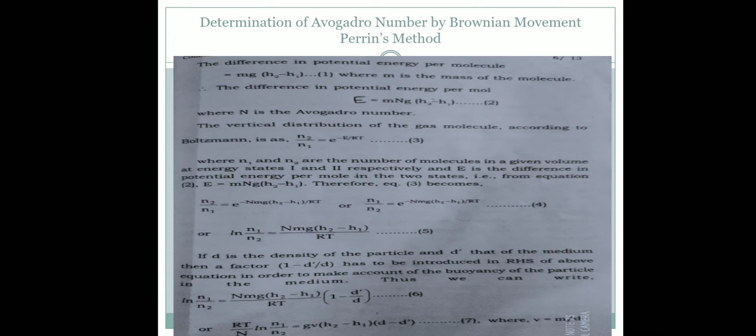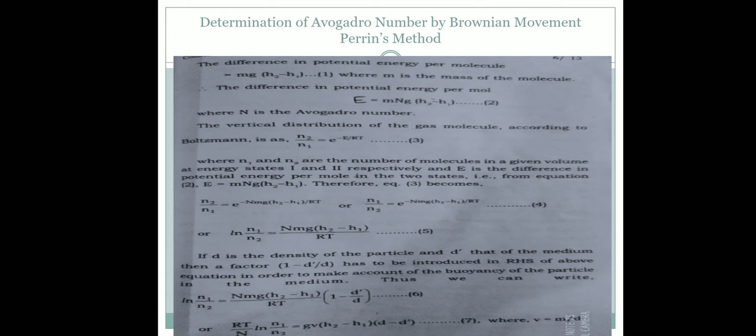Substitute the value of capital E from equation 2 in equation number 3. We get ln N1 by N2 is equal to N m g (h2 minus h1) by RT, which is shown in equation 5.